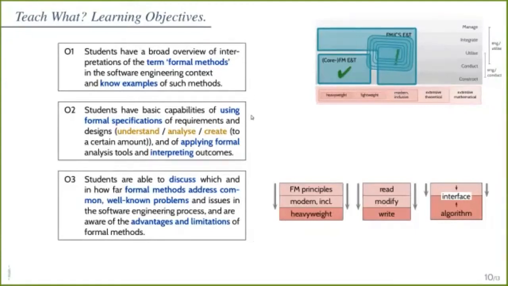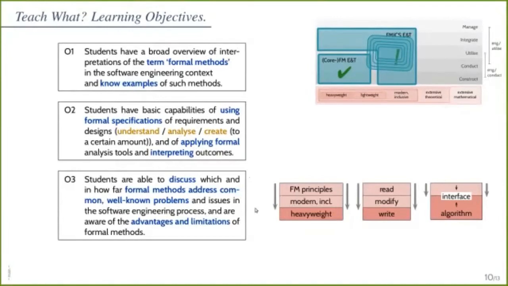The second one relates to the middle and the right box. So focus on utilize, the product perspective. And the third one extends to the right box by suggesting to state and demonstrate which problems formal approaches are able to solve, and have this together with a discussion of advantages and disadvantages, not excluding the economic aspect.